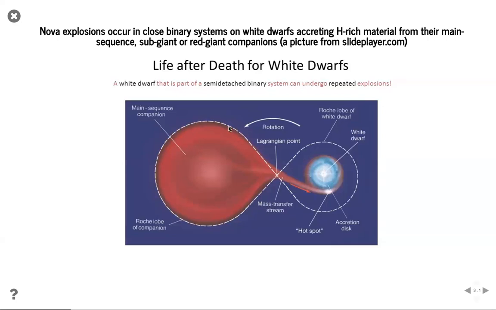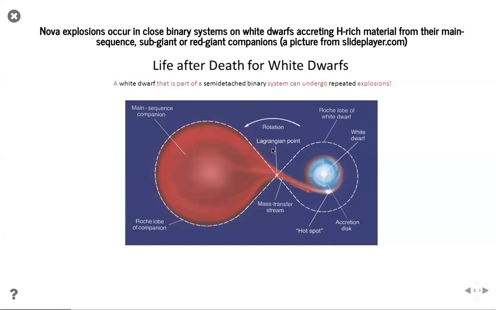When the radius of the star reaches its Roche lobe radius, we say the star has filled its Roche lobe. Then the material from the star can almost freely escape.